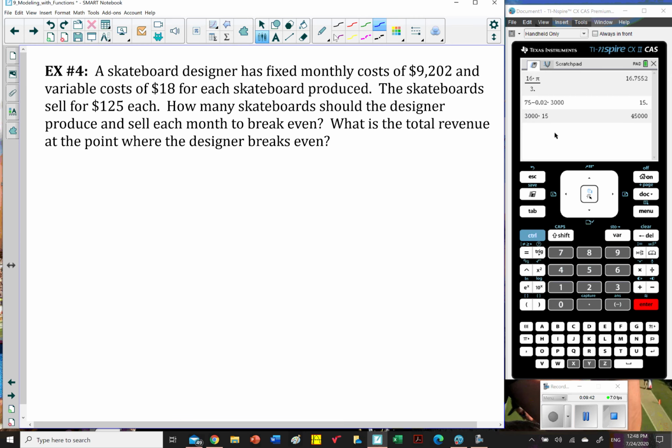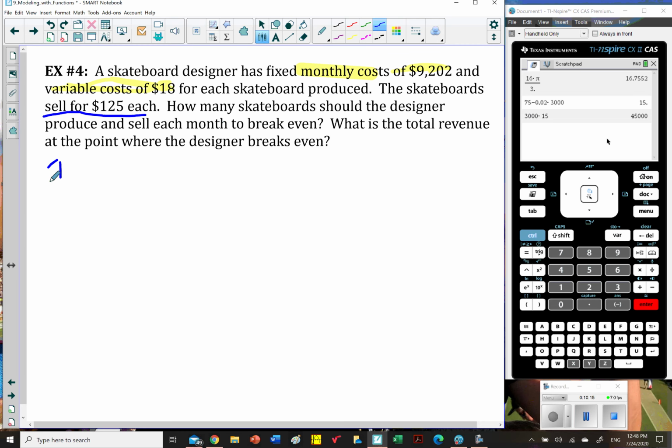There, fixed cost of $9,202 and a variable cost of $18. And the skateboards they sell for $125, and we want to know how many skateboards the designer would need to produce and sell each month to break even.